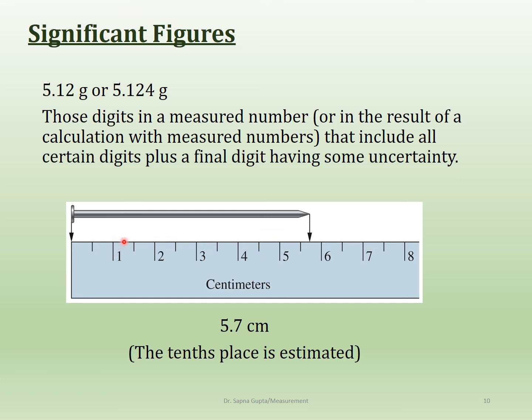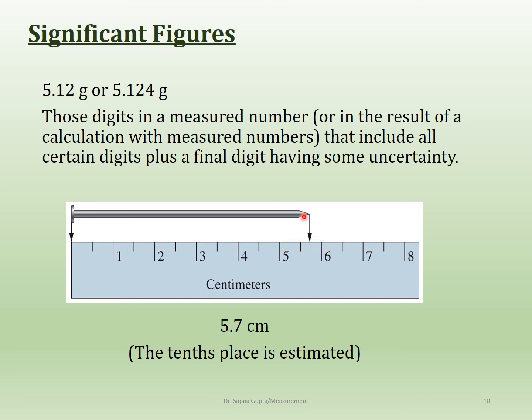So if we are trying to measure this nail, we know that we can measure up to 5 without any problems at all because we know that this is 5. We cannot measure up to 6 because the nail does not reach up to 6. So we have to stop at 5. Which means we have 5 point something because we know it's more than 5.